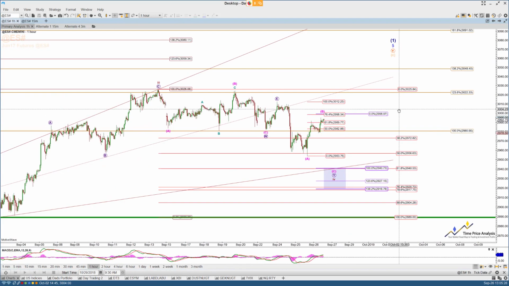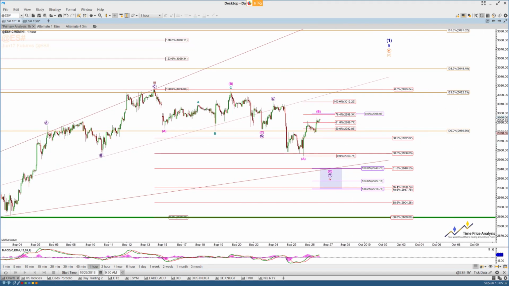And then just taking that count down to the hourly time frame, if this is a B wave, then it's only going to be retracing against this as opposed to this, which is why the levels are slightly different. It still projects to 29.98, but this would be a 764 of this move off its X wave, and then we would get a straightforward impulse.